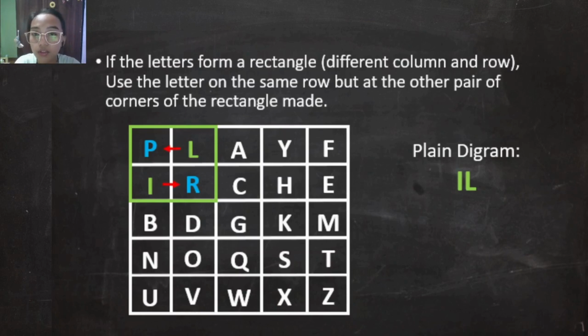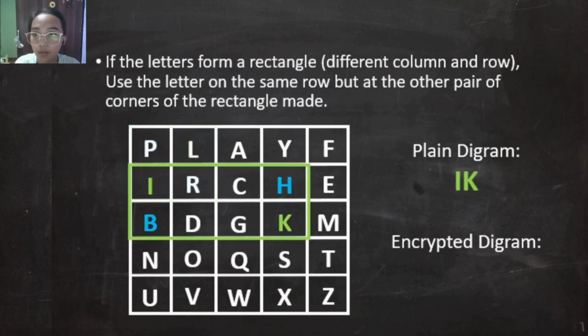And we use the letter on the same row of that letter that we will encrypt, but at the other pair of corners of the rectangle made. So we have here the I becomes R and the L becomes P because it's at the other corner of the rectangle. So the encrypted digraph would be RP.